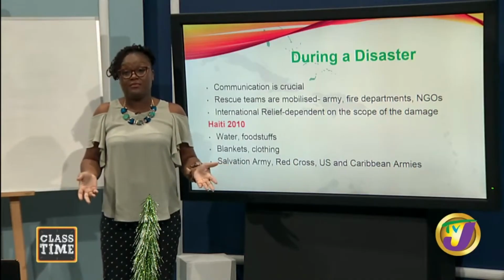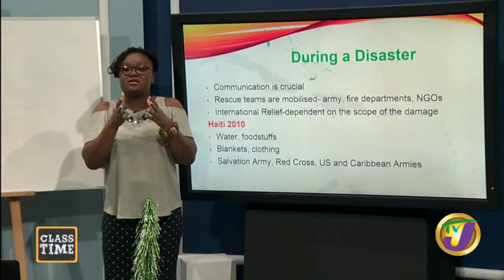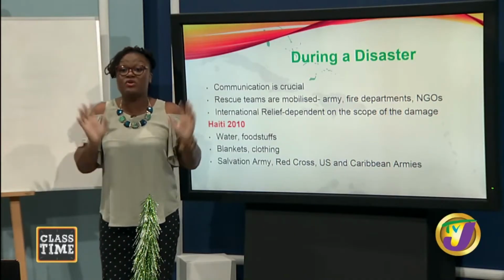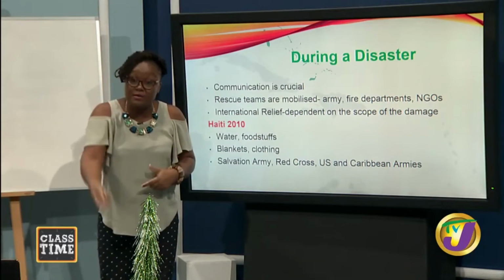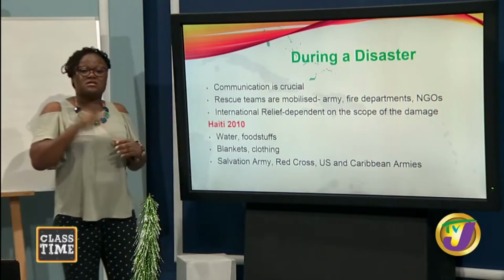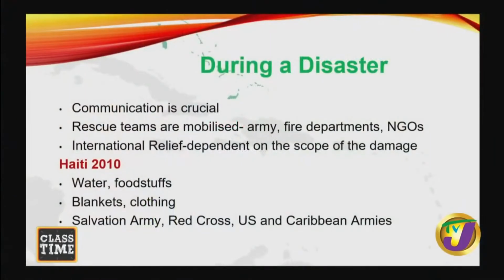It was still happening. All right? People were displaced and everything. So not because the earthquake has occurred and it's finished means that the disaster is over. No, the disaster is still going on because the people are feeling the effects of it right now. Right? So as long as that is happening, the disaster is still on. All right? So that's during a disaster.